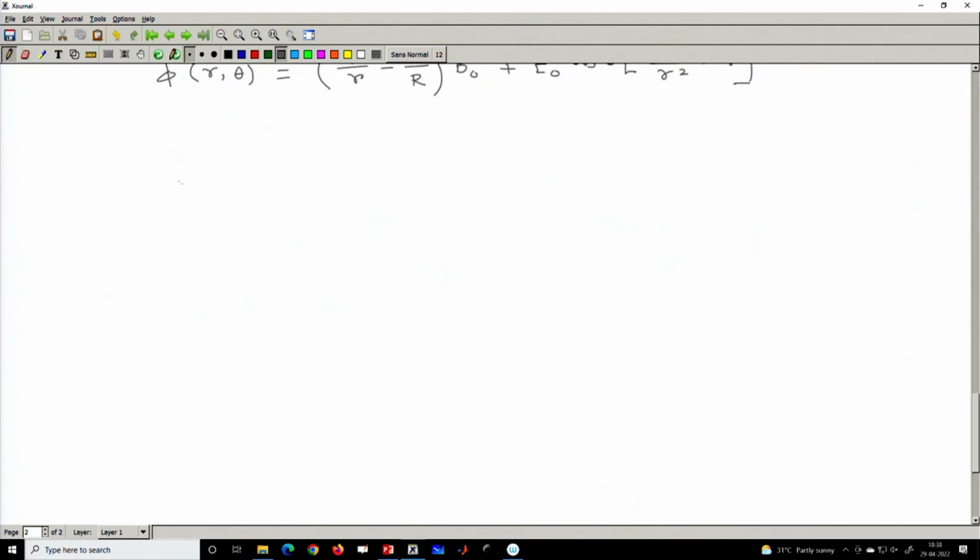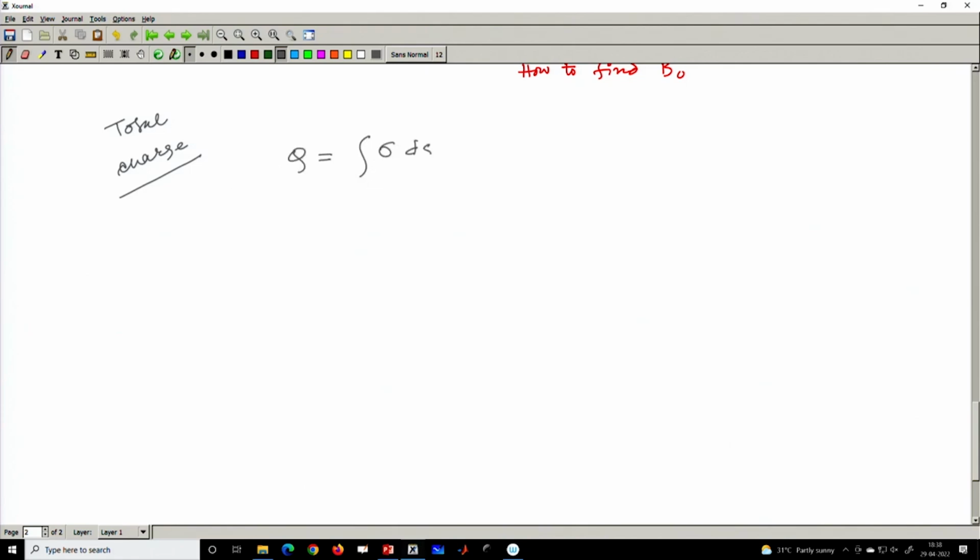So, the total charge of the sphere, so the problem is how to find B0. So, the total charge will be Q equal to integration of sigma ds, because sigma is a charge density and that is 0.